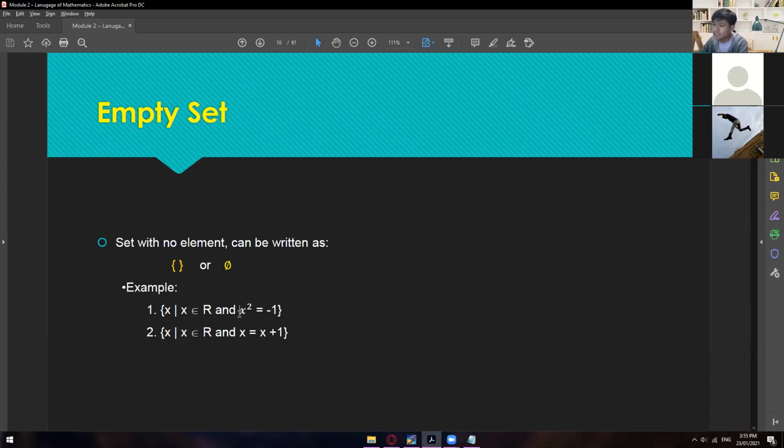Can you guys think of a number that would make this expression equal? x squared is equal to -1. Anyone? Is there a number that will make this one equal?